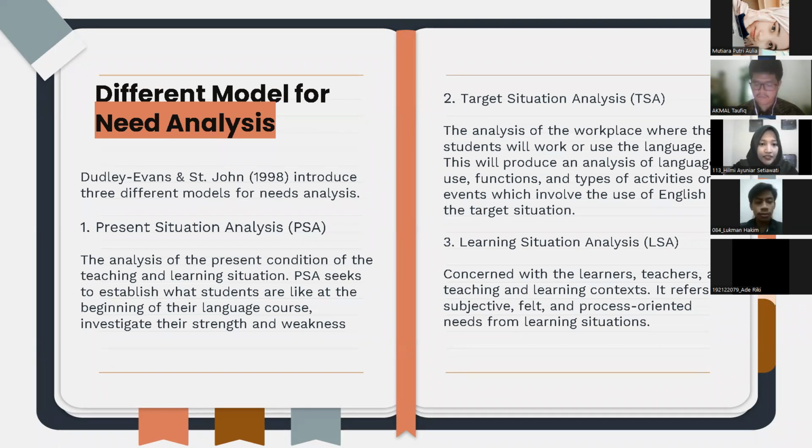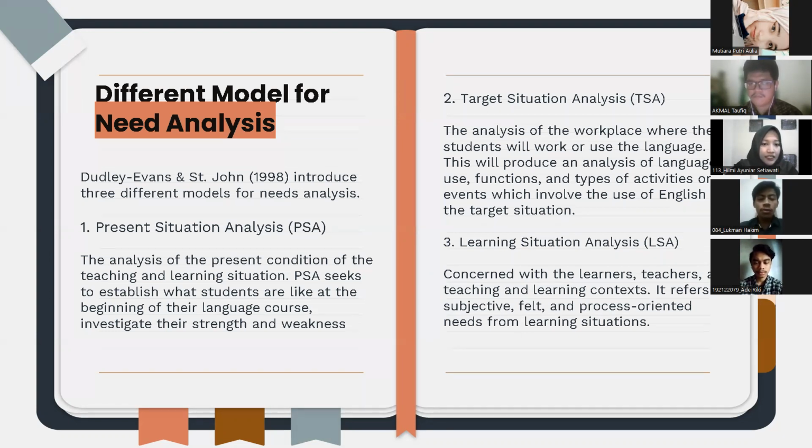It refers to the form of needs analysis which centers on identifying the learner's language requirement in the occupational or academic setting. The TSA is an analysis of the workplace where the student will work or use the language. And this will produce an analysis of language use, function, and type of activities or events which involve the use of English for a target situation.